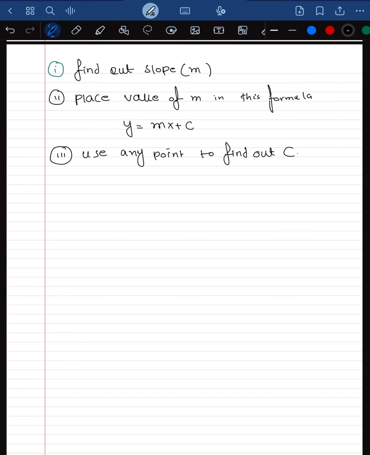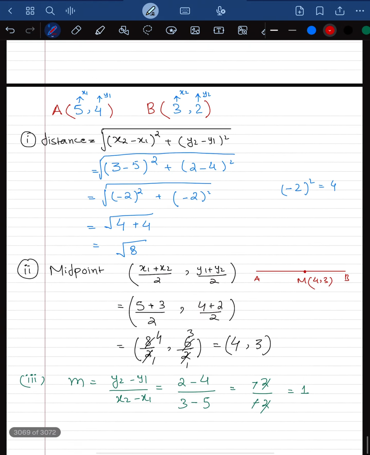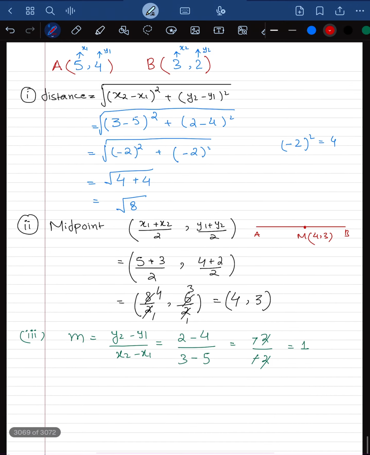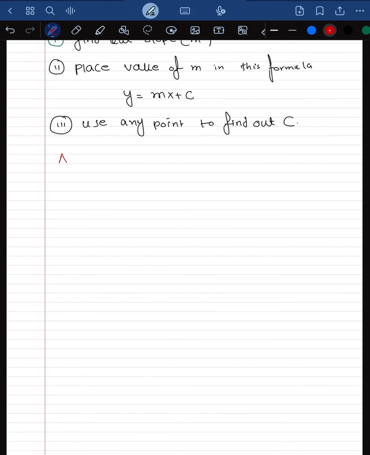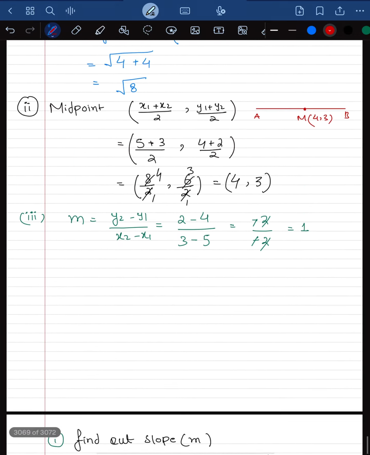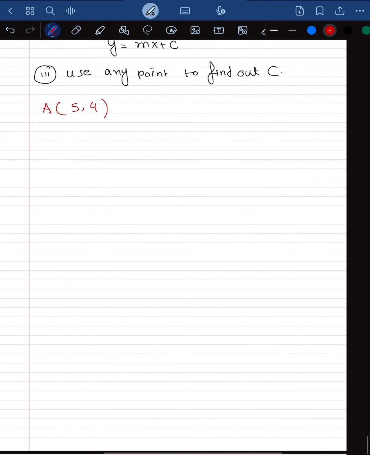So we will be following the same steps. We will write the points again that we supposed at the start of this question. A is 5, 4. The first point is 5 and 4, and the second point is 3 and 2. B is 3 and 2.